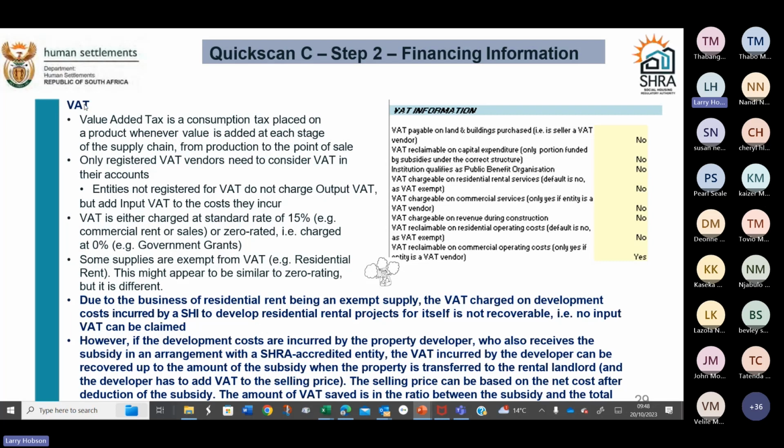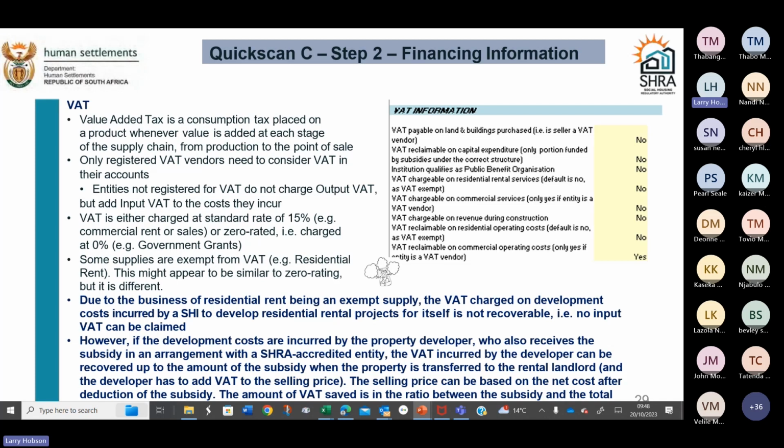Let's go through these bullet points one by one. So value-added tax is a consumption tax placed on a product whenever value is added at each stage of the supply chain, from production to point of sale. So each person providing a VATable service along the line will just have to add VAT to their invoices so that along the chain everyone pays a little bit. And the next one can recover it.